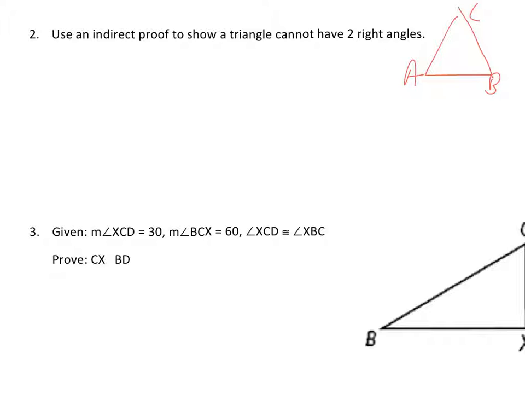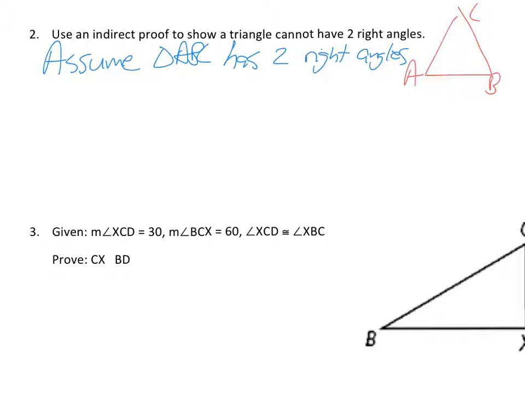I'm not going to write out all the options like I did on the first one. So let's assume triangle ABC has two right angles. Let's say it's angle A and angle B. So that's our assumption. What can we say from that?